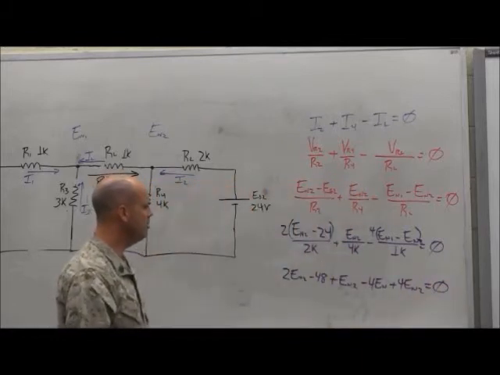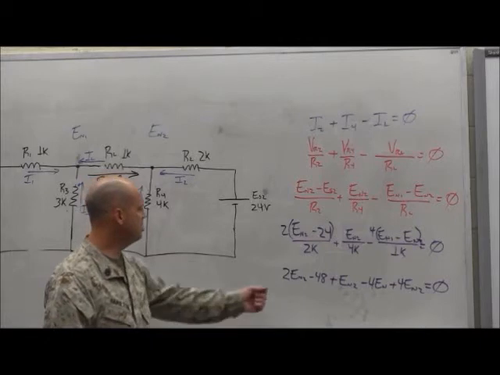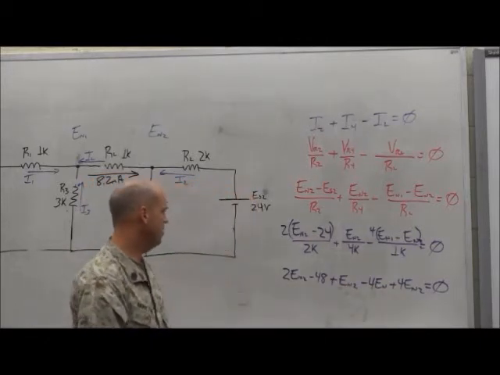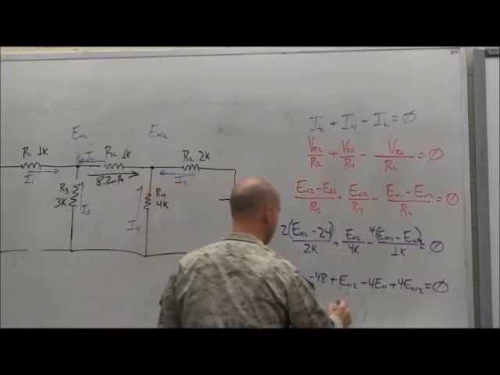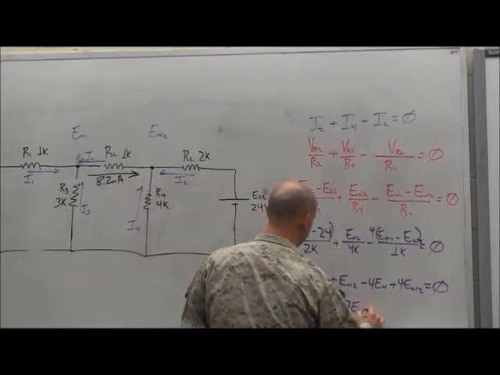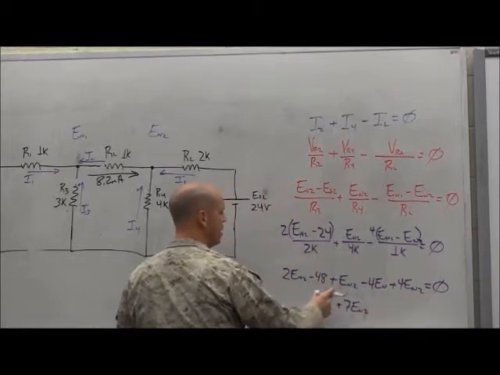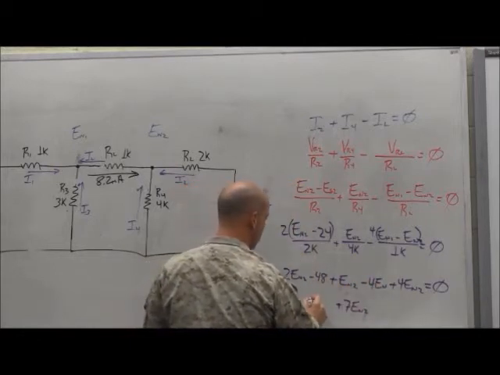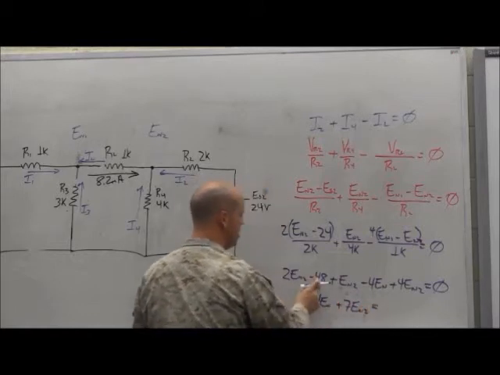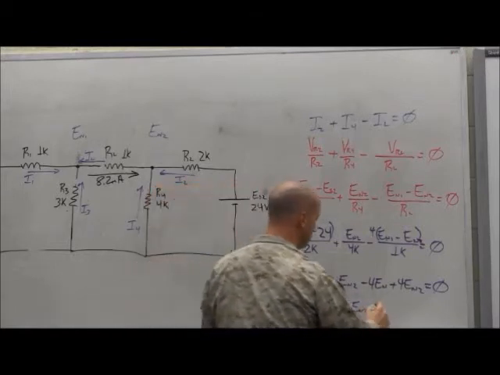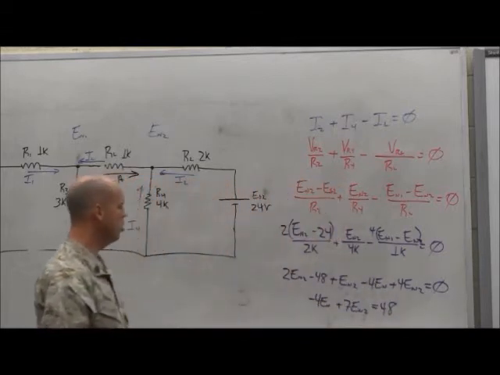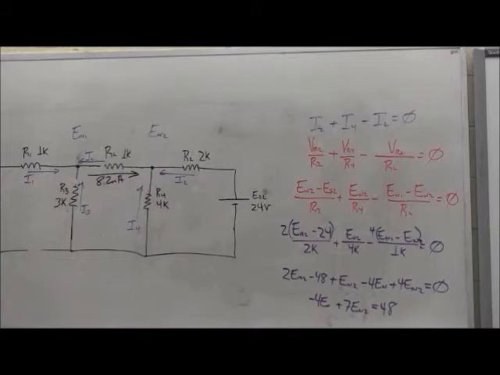At that point, I can combine like terms. I've got 2 EN2, EN2, and 4 EN2, giving me 7 EN2. I've got negative 4 EN1, and then that negative 48, I'm going to pop to the other side, change its sign, make it positive 48. There's your node 2 equation.